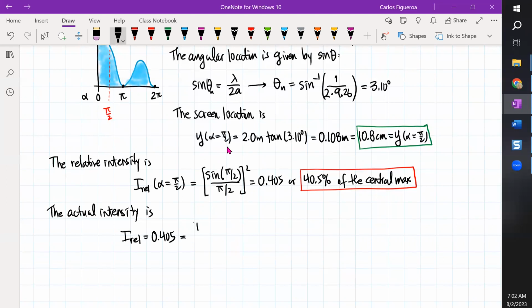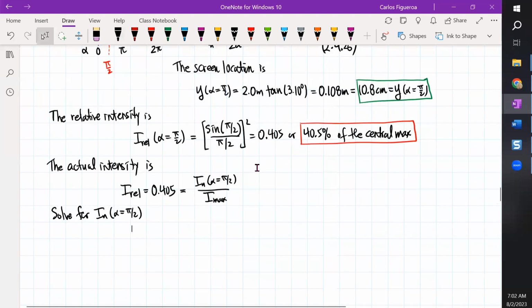This is equal to the intensity at alpha equal to pi over 2 times the maximum intensity, or the initial intensity, which then tells us that now we can solve for I at pi over 2.